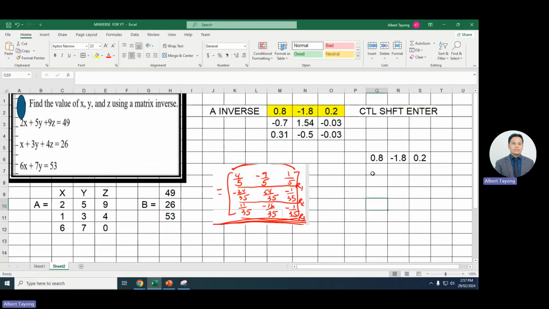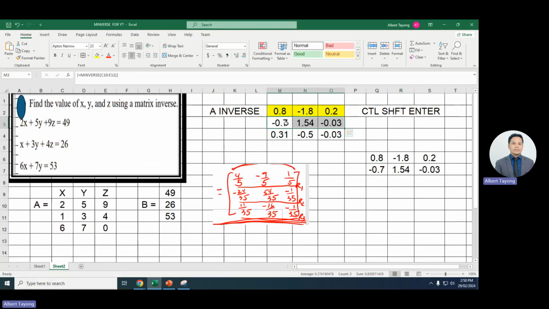And here we have negative 24 over 35, negative 0.7, and we have 54 over 35, 1.5, and negative 1 over 35, negative 0.03. So here we can see exactly the same.